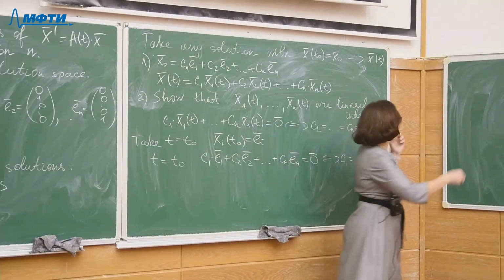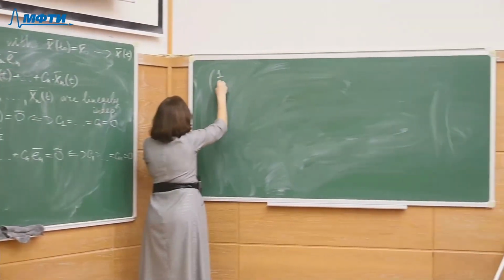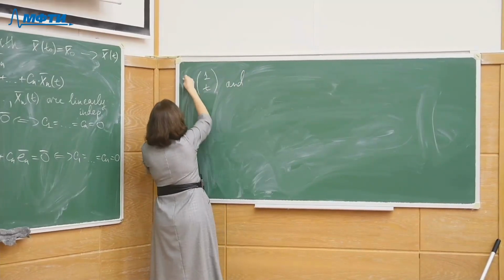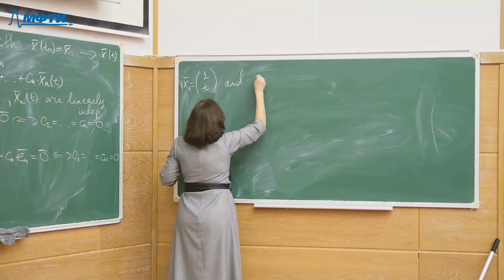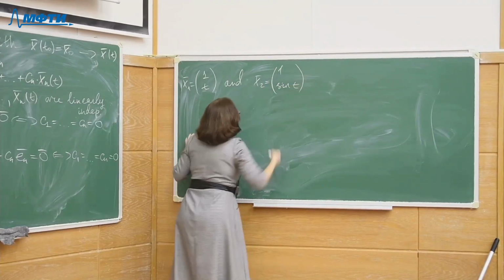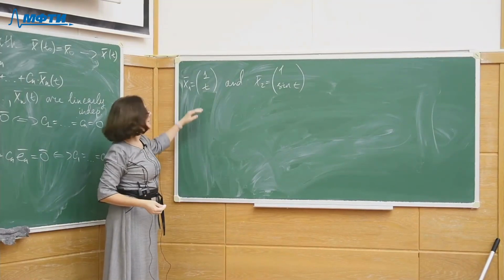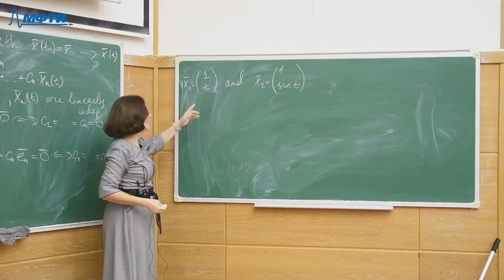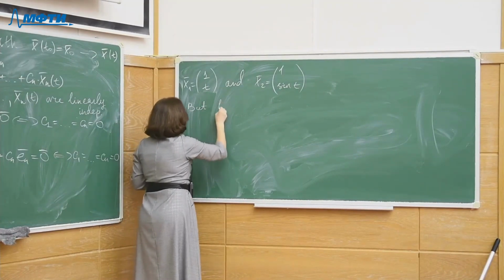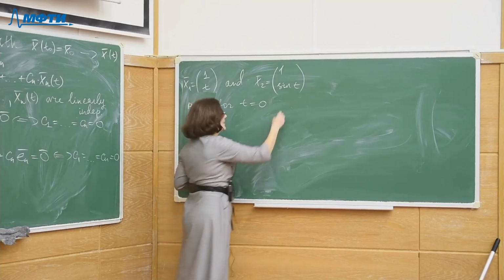For example, just a moment. For example, the vectors 1 and t, and let's consider these two vectors with sine t. Are they linearly dependent or independent? Independent, yes. But we can see that for t equals 0, they are the same.